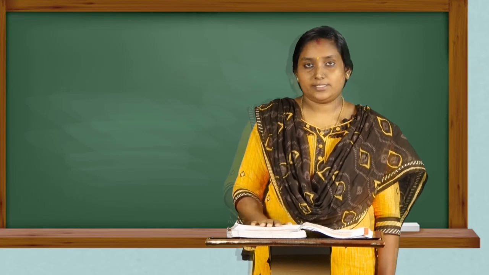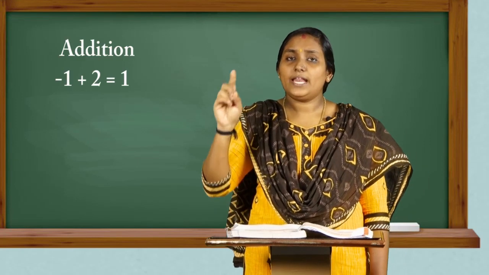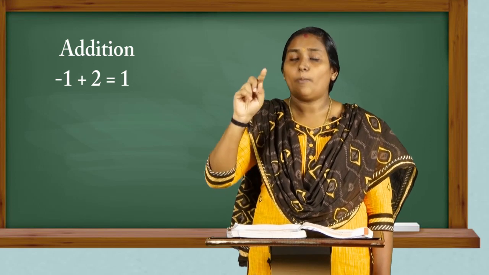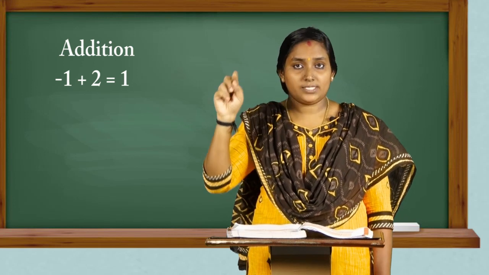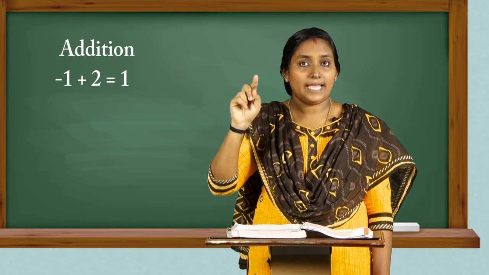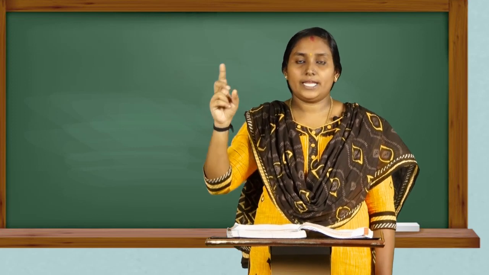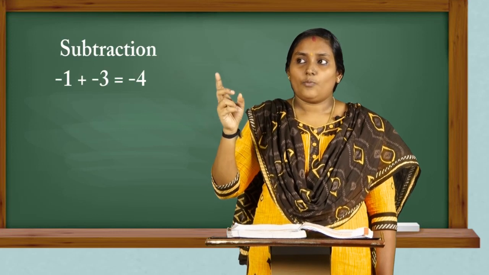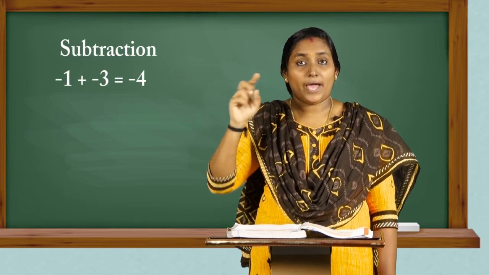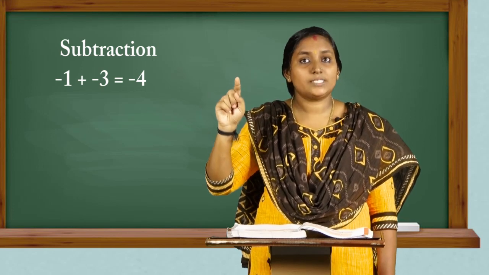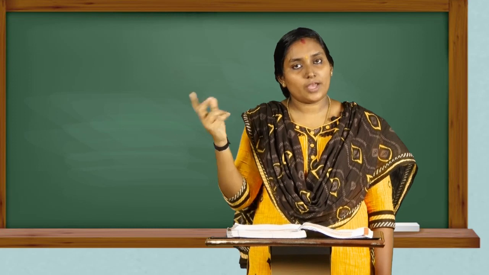Next, integers. In addition, while adding two integers, for example, minus 1 plus 2, we will get the answer as 1. So, it is an integer. While subtracting two integers, minus 1 minus 3, we will get the answer as minus 4. It is also an integer.